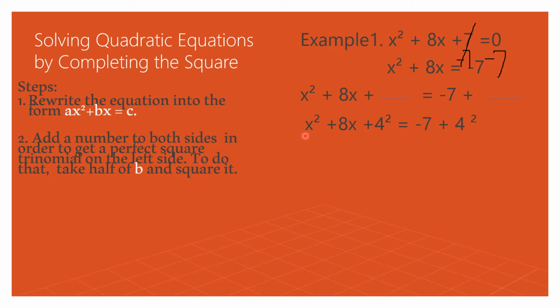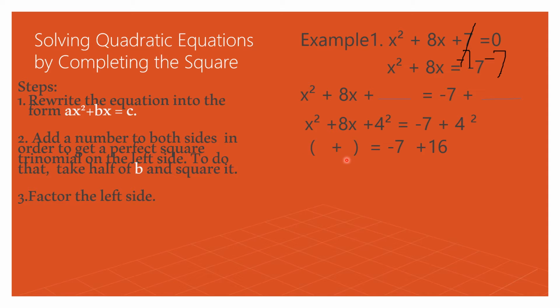Ngayon, itong trinomial dito ngayon sa side na to ay perfect square trinomial na. So pwede na siya nating i-factor. Kung hindi mo alam kung paano mag-factor ng perfect square trinomial, may video ako about this one. Now, paano natin ngayon gawin yan? Mayroon ako ditong parenthesis.